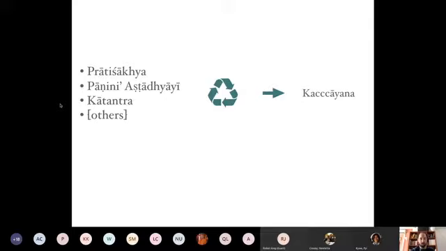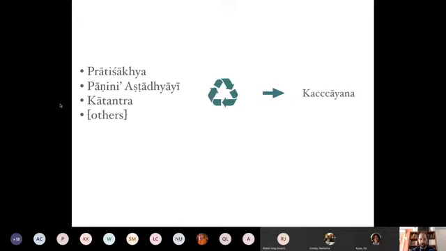It also takes many materials, and indeed it more or less mimics the structure of the Kātantra grammar of Śarvavarman, composed around the 2nd century Common Era. And most probably there are other sources that we don't know, from which the author or authors of the Kaccāyana took materials.